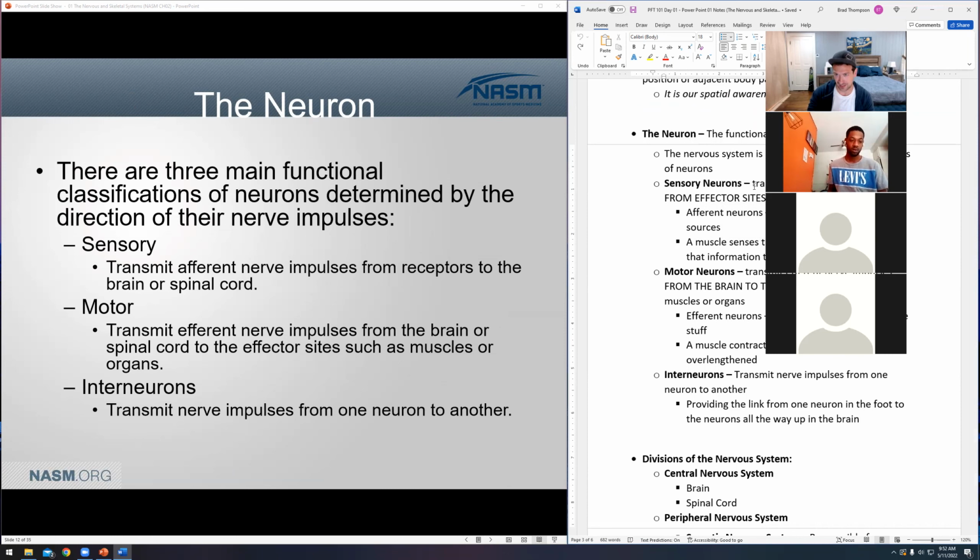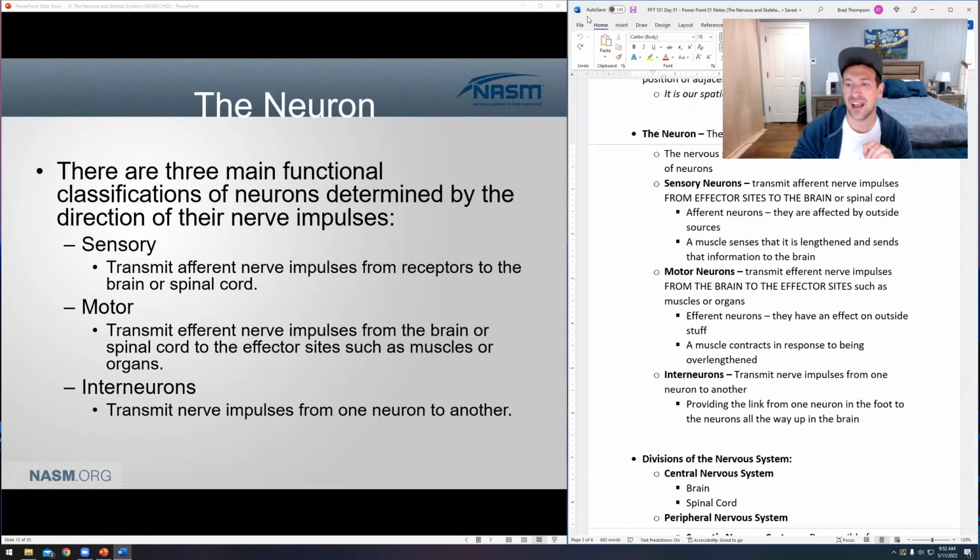This term is going to suck. These are what are known as afferent neurons. Afferent neurons are going towards the brain. Sensory neurons: a muscle senses that it's being lengthened and sends that information to the brain. That's an afferent neuron doing that.